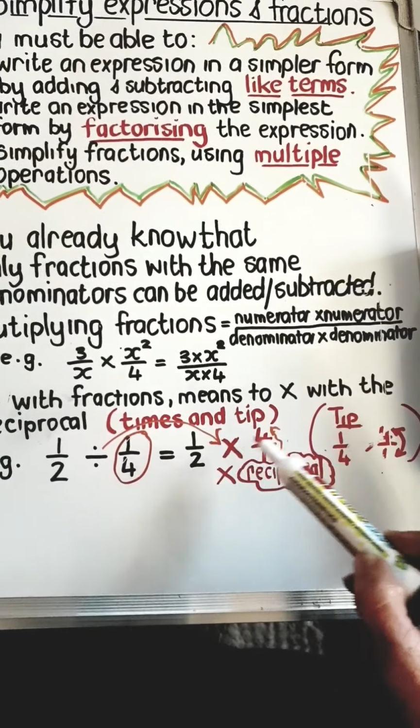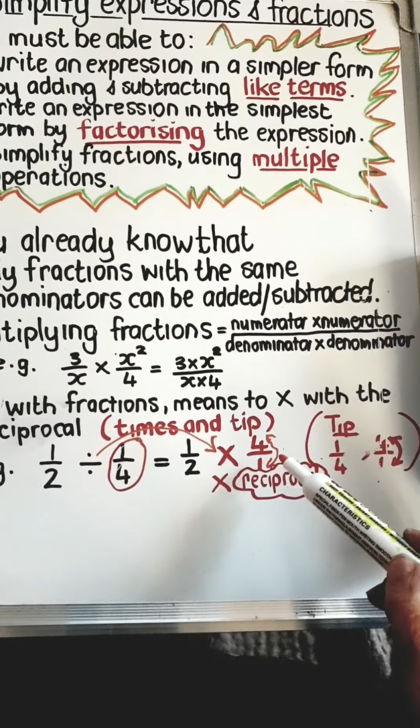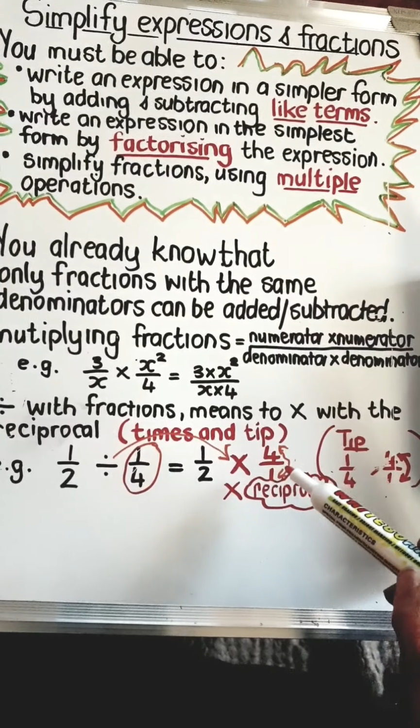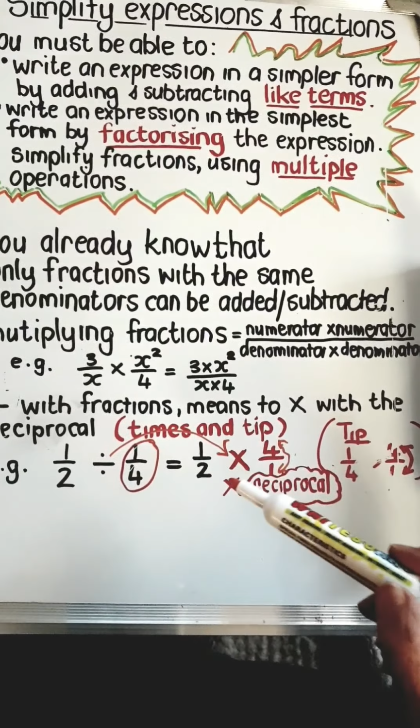And now you just multiply like you ordinarily would. And that will give you 2. And that is obvious. 2 quarters will go into a half. So a quarter goes into a half twice.